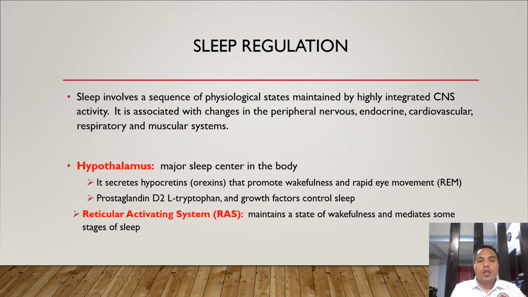Researchers believe that the ascending reticular activating system located in the upper brainstem contains special cells that maintain alertness and wakefulness. So yung ating reticular activating system receives visual, auditory, pain, and tactile sensory stimuli.